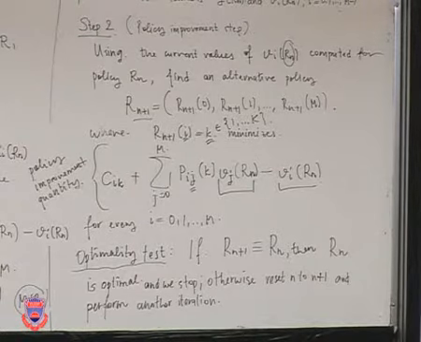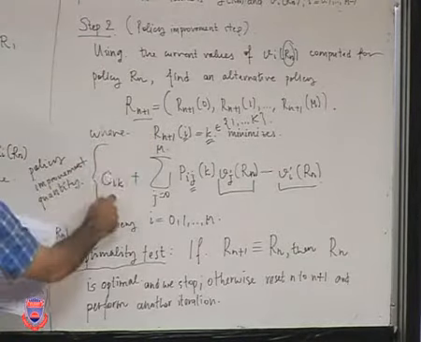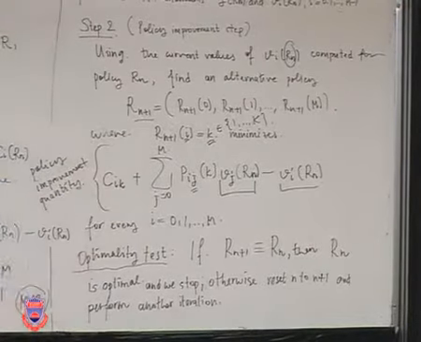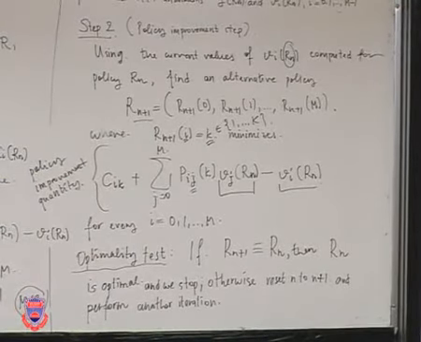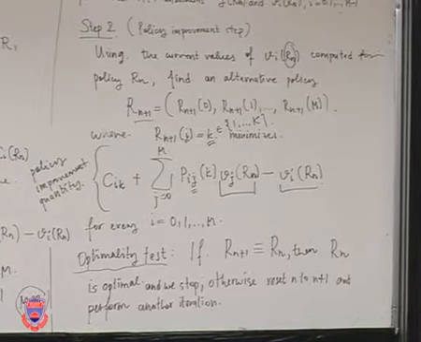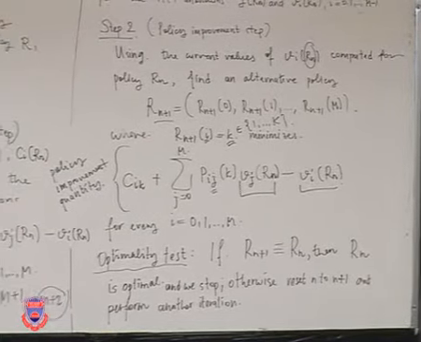Take that quantity, where k is the variable, and put in the decision which minimizes that quantity, namely Rn plus 1 of i.